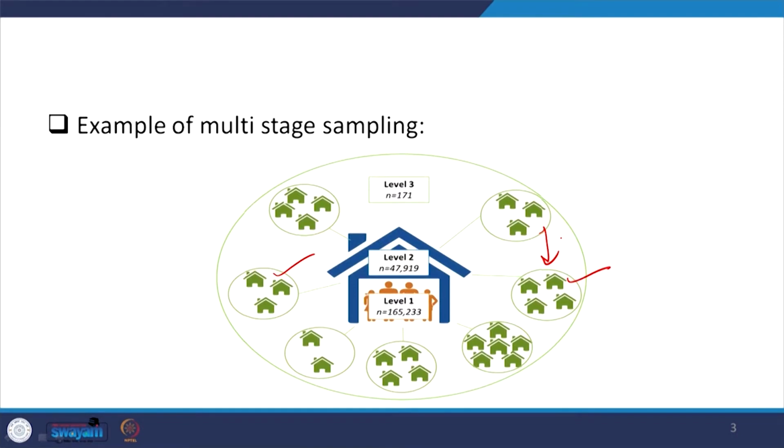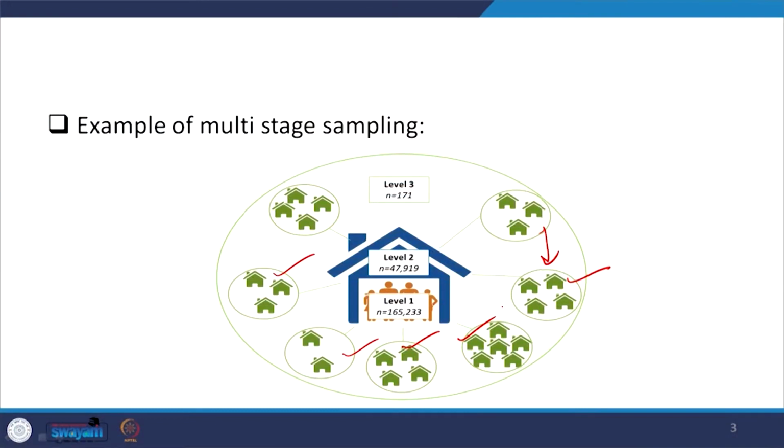So, in level 2 we are referring to the households, whereas in level 1 the further disaggregated level in this context is the individual. So, the individuals, now here we are considering different possibilities. Okay, and the number of individuals is expected to be higher because in the population itself the total number of individuals is higher. So, the sample size accordingly also increases. So, therefore, level 3, level 2 and 1 identify different forms or different stages of sampling.